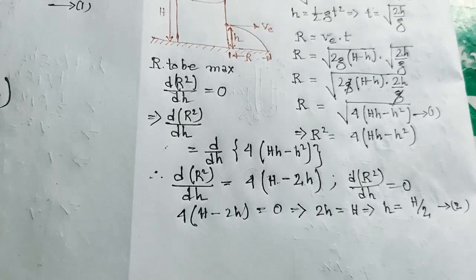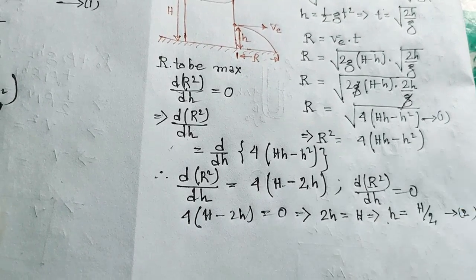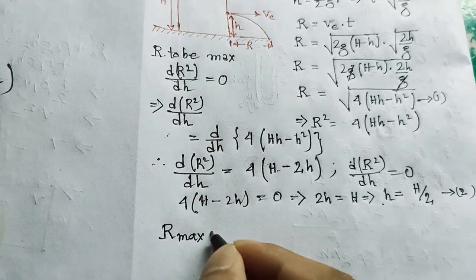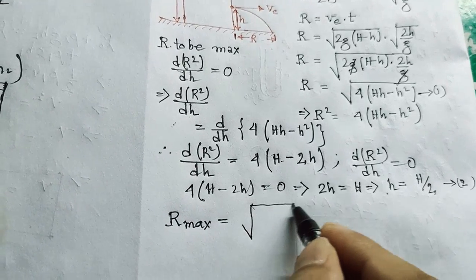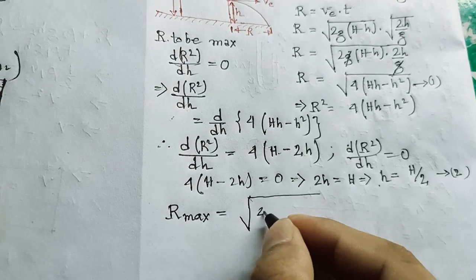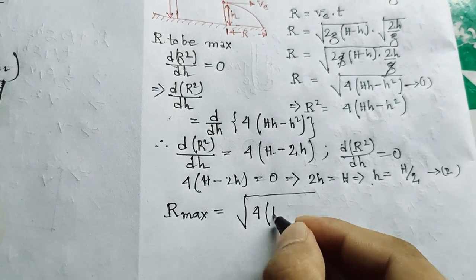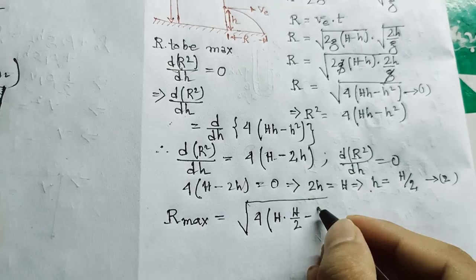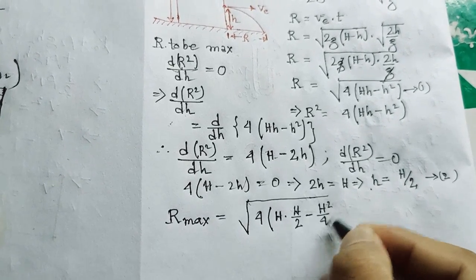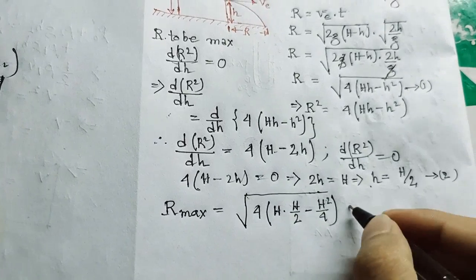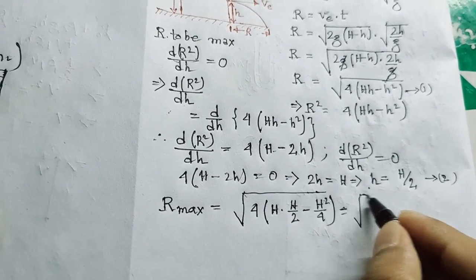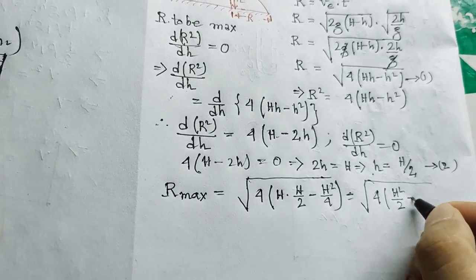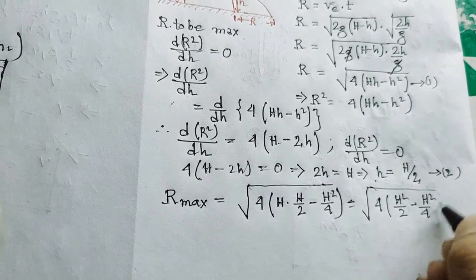So if you substitute the value of small h into equation number 1, then our required R max will be equal to under root 4 into capital H into capital H divided by 2 minus capital H square divided by 4, which will be equal to under root 4 into H square divided by 2 minus H square divided by 4.